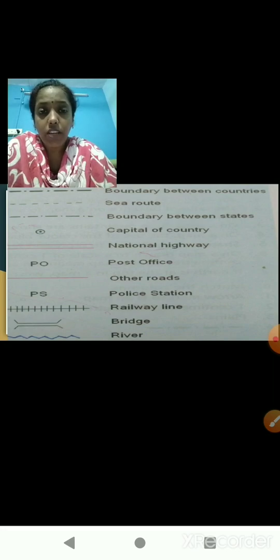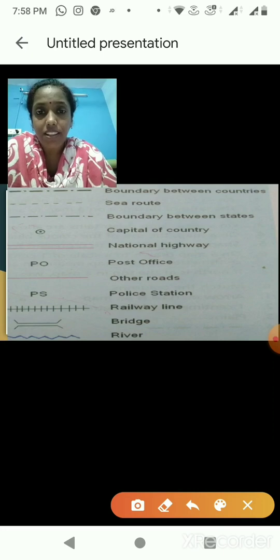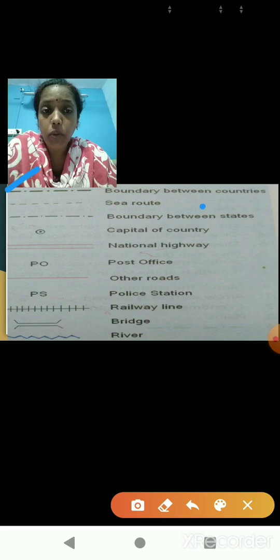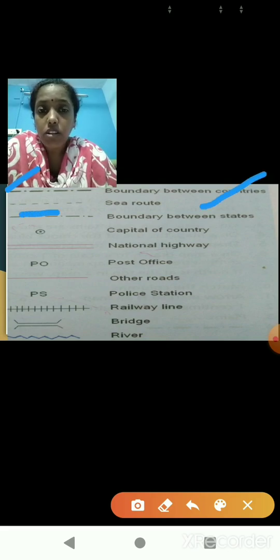So children, here are a few symbols on the screen. Let us see. This symbol tells us about the boundary between the countries. This is another symbol which shows us the sea route.